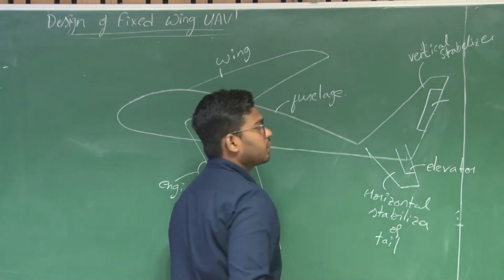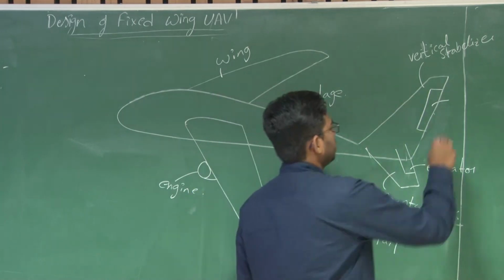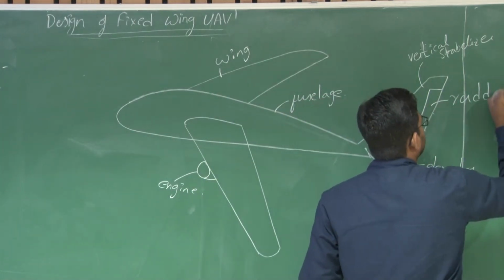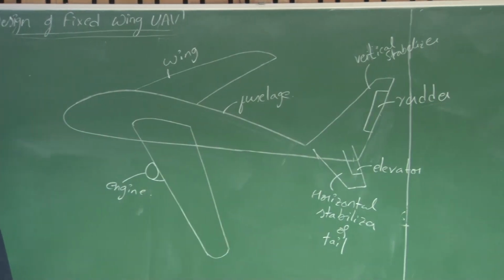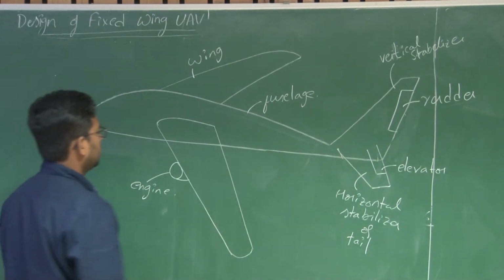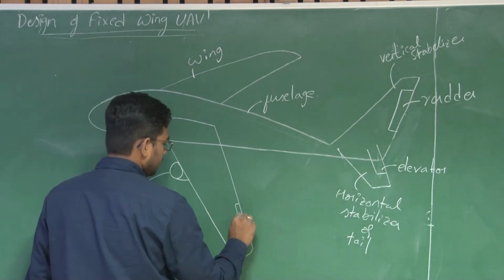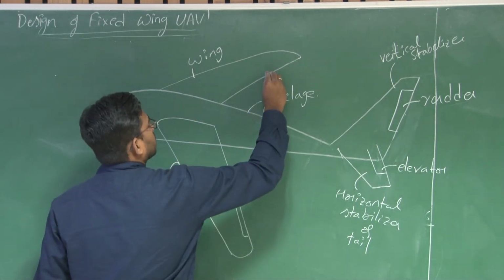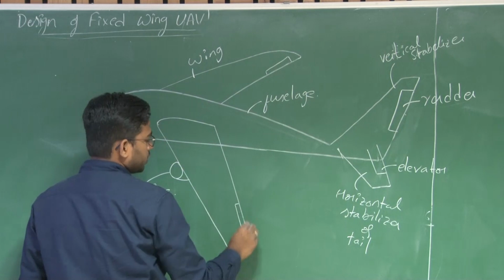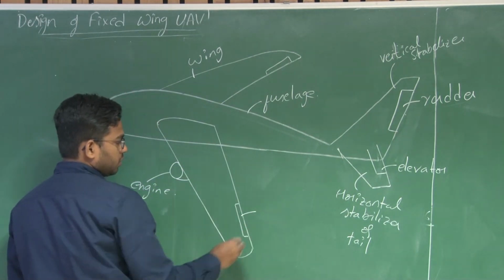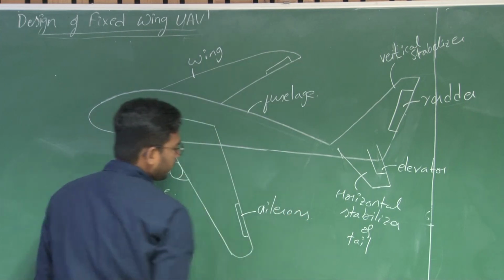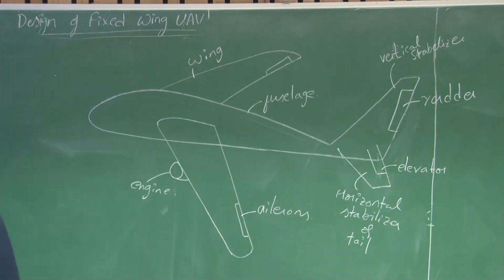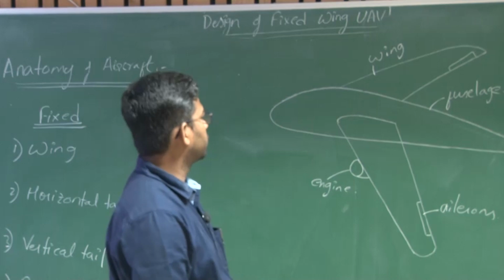And there is a moving component on the vertical tail called the rudder, which helps you to turn left and right. And there are control surfaces on the wing as well, ailerons, which help you to roll.